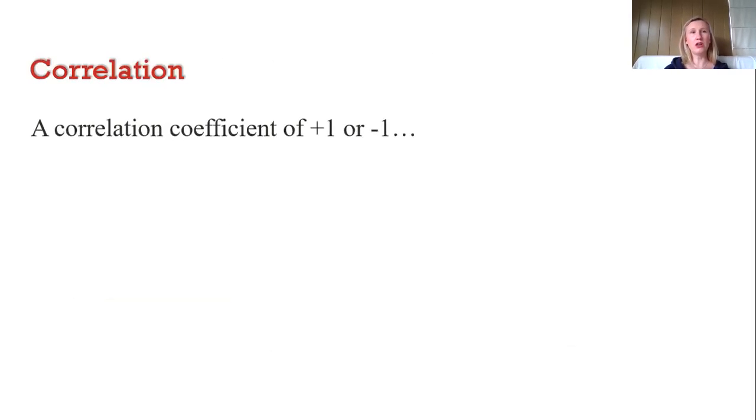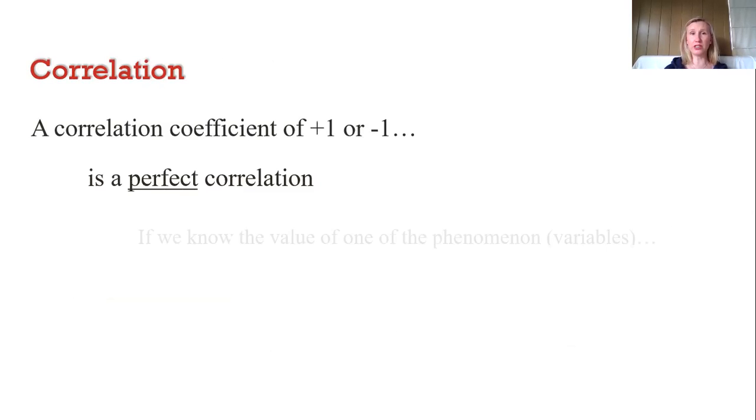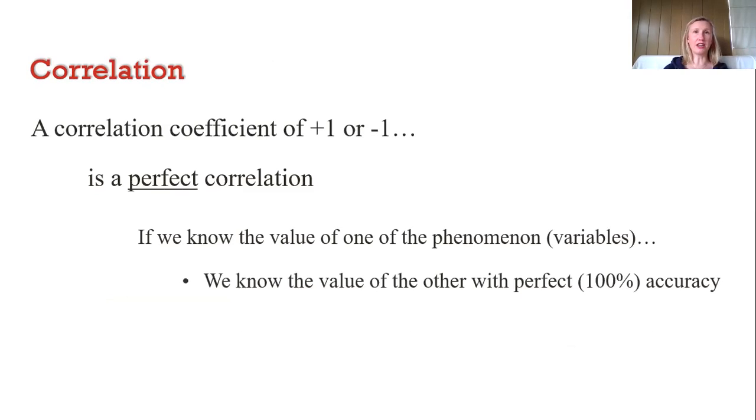Let's continue. A correlation coefficient of +1 or -1 means we've got that perfect correlation. That means if I know the value of one of the variables, then I can predict with 100% accuracy the value of another variable. There is no predictor error, okay?